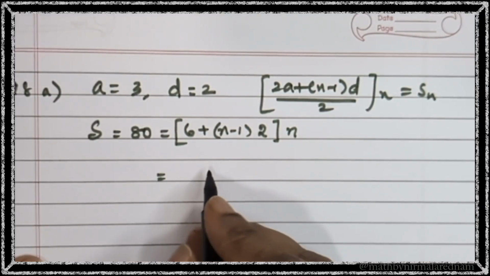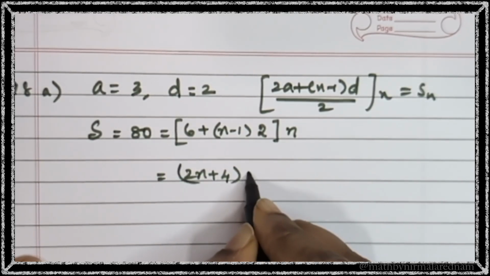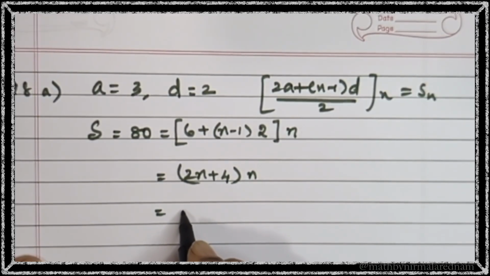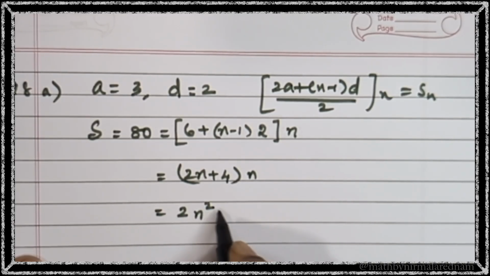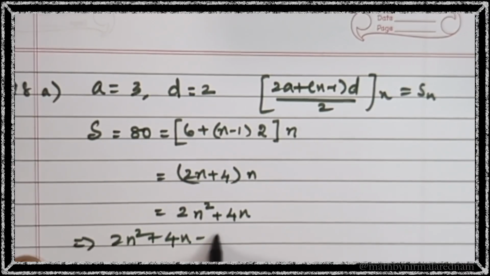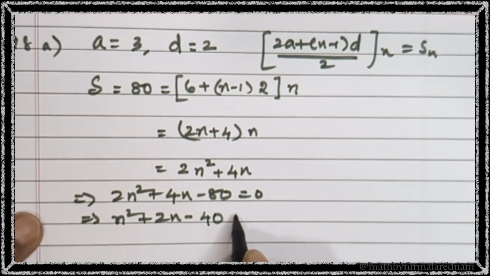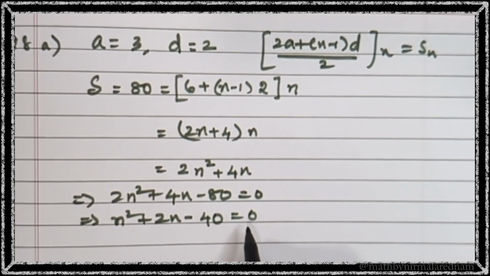So this is nothing but 2n plus 4 times n, which is 2n square plus 4n.